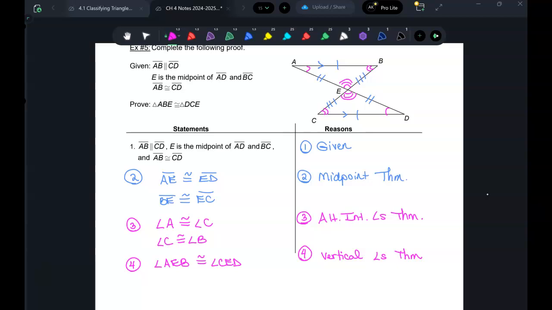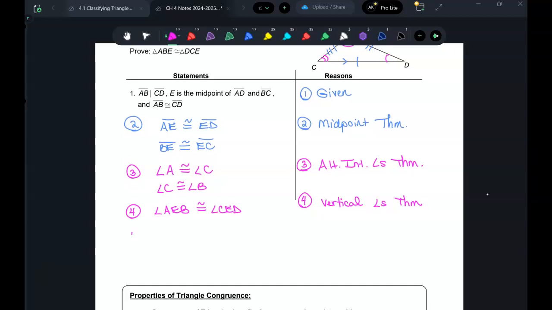One, two, three segments that are congruent. One, two, three angles. So we're good. So now the definition of congruent triangles, triangle ABE. Which ones?